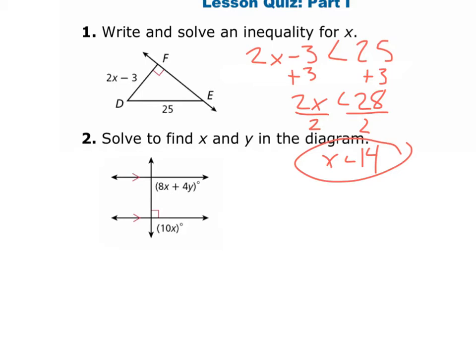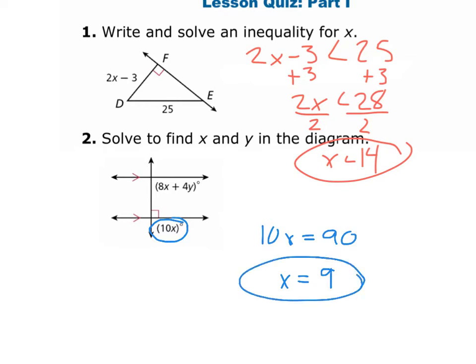Solve to find x and y in the diagram. So first let's take a look at 10x. What do we know 10x has to be congruent to? It's congruent to that, but what's the number that we know automatically what this equals? 90. So we can say 10x is equal to 90. Then what would x equal? 9.